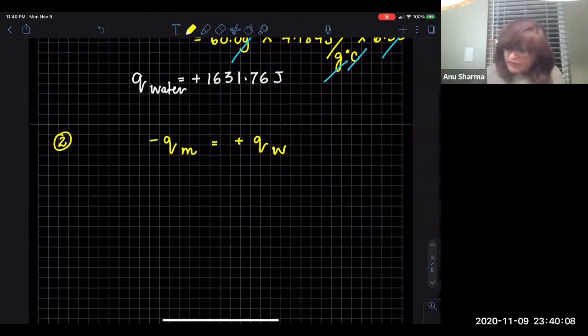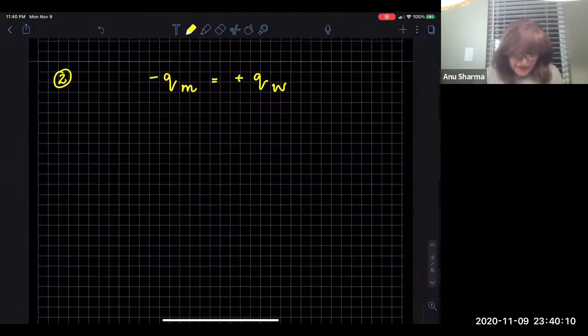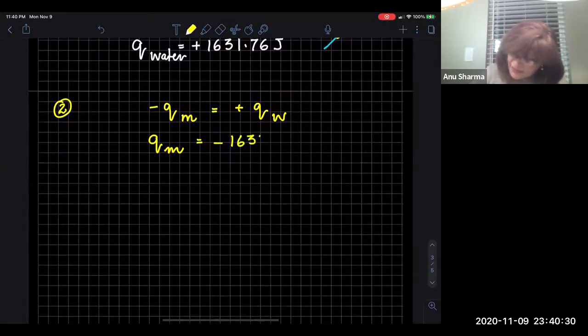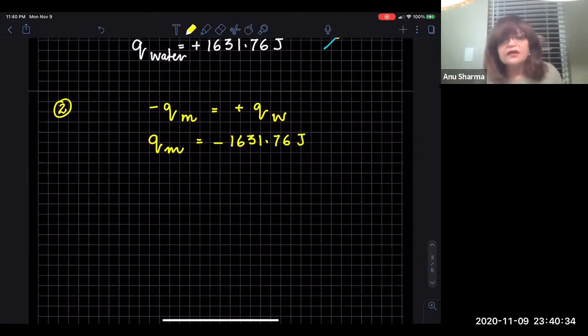So in other words, Q of the metal is equal to negative 1631.76 joules.